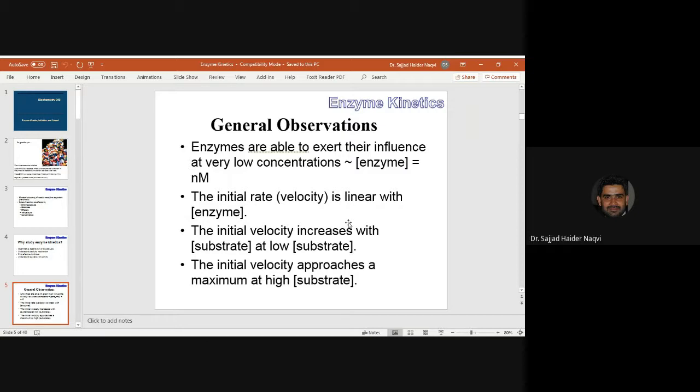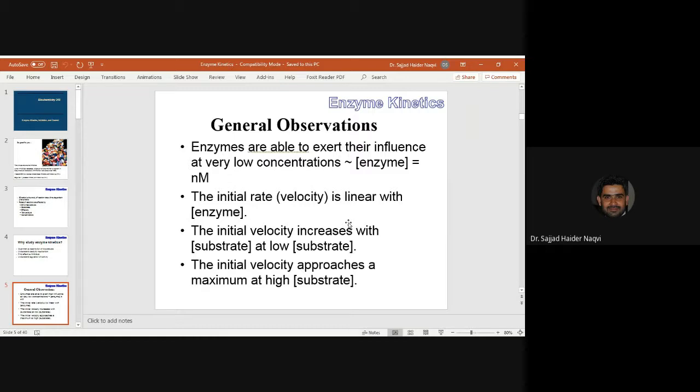The second general observation is that the initial rate or the velocity is linear with enzyme. What does that mean? The initial rate or velocity means once we mix the enzyme with the substrate, as soon as the reaction starts, it's linear with the enzyme concentration. That means if you increase the concentration of the enzyme, the initial rate or velocity of the reaction will also increase.